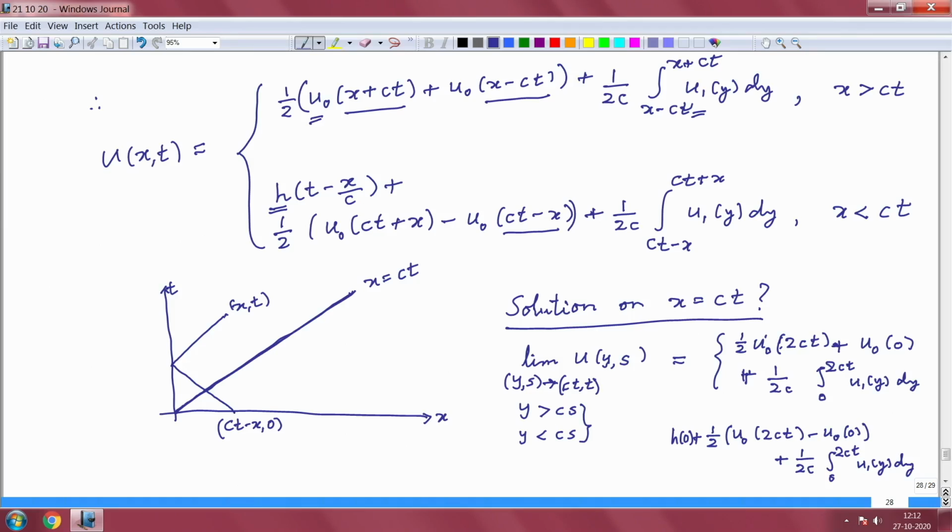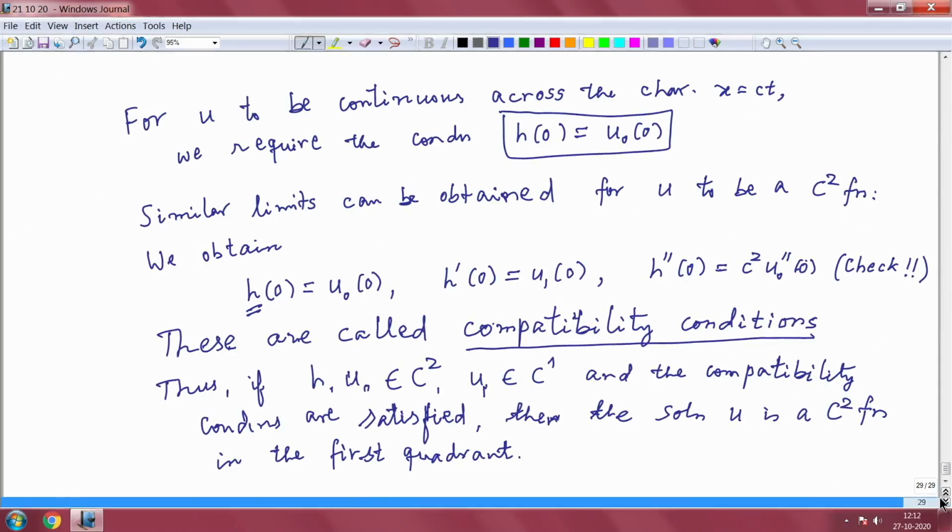Similarly here, if any of the compatibility conditions is not satisfied, the solution will suffer that kind of discontinuity across that single characteristic, namely x equal to C t. So, this completes the solution of the Dirichlet problem.